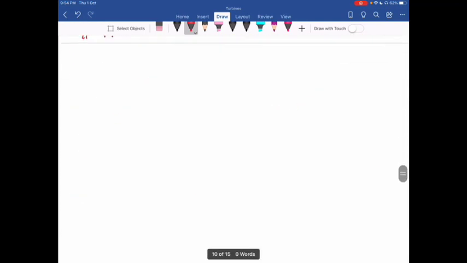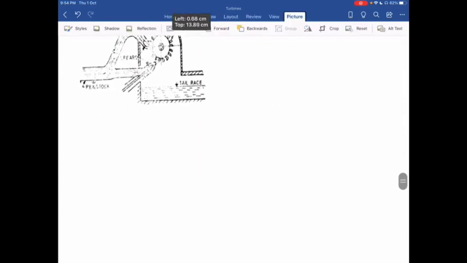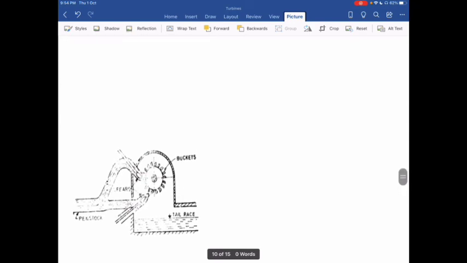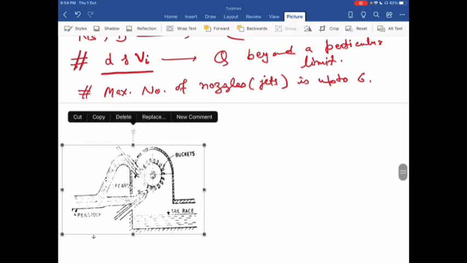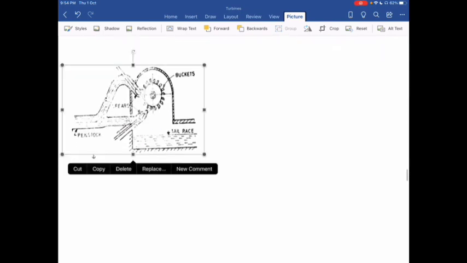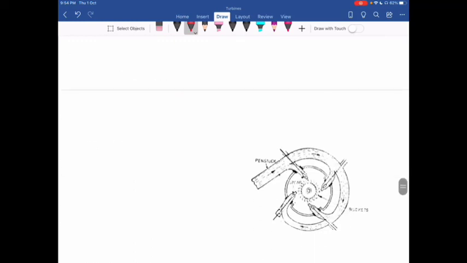Now you can see in this diagram how I can use the nozzles. In this diagram, you can see I have two nozzles, here one nozzle and here the second nozzle. Now you can see another diagram.